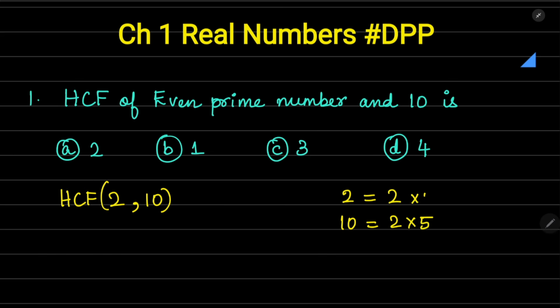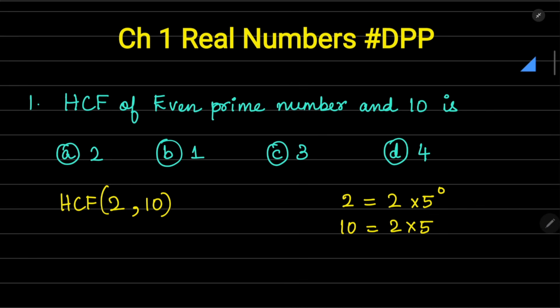Correct? So I am just going to make the factors equal and I will add a 5 to the power 0, which is 1. Now HCF means you will be taking the lowest powers. You will be taking the lowest power of the common factor.